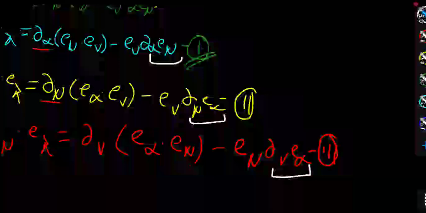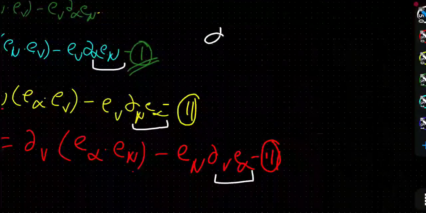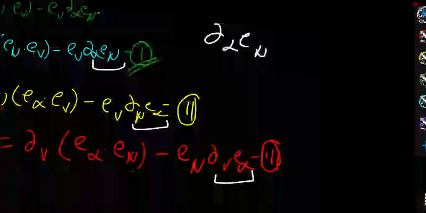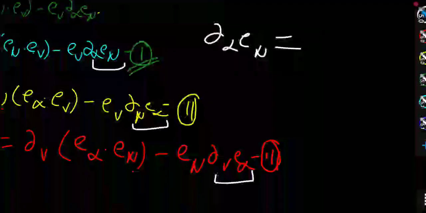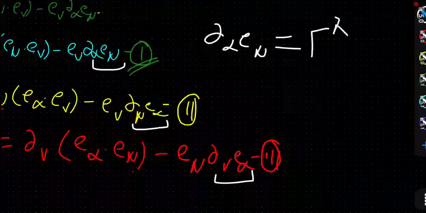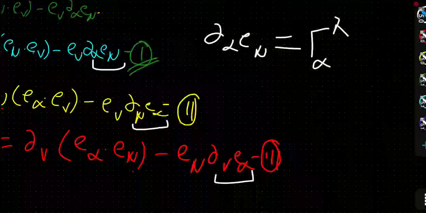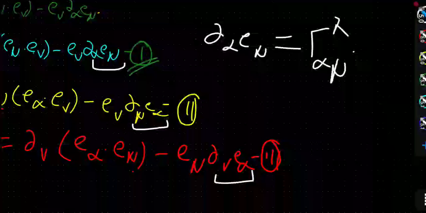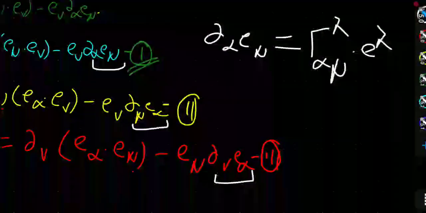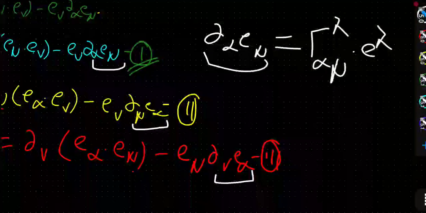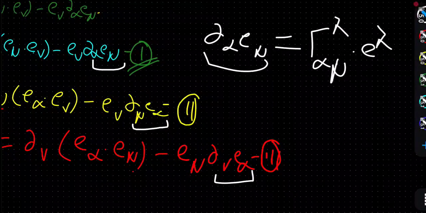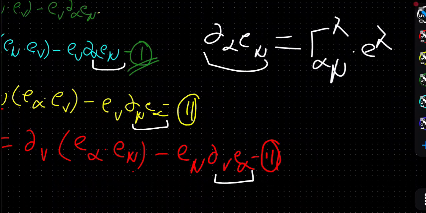The last term here, as you can see, del of alpha E of mu can also be replaced with the Christoffel symbol, gamma with upper index lambda and lower indices alpha mu, into E of lambda. I'm not going to replace it now because it will make the equation look a lot bigger. I will replace it when I proceed to the final position, where I will be able to reconcile all that.